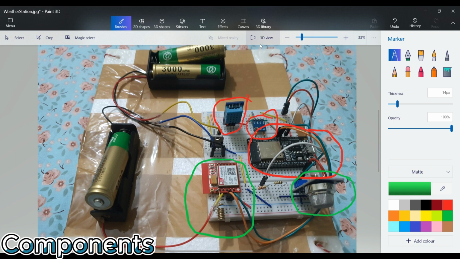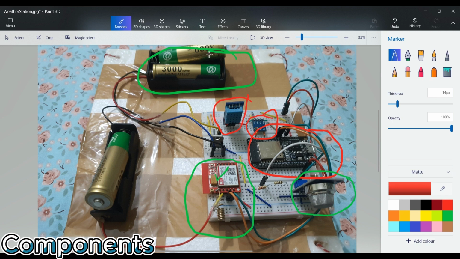So now let's talk about the power supply unit. I have used this pair of 3.7 volt lithium ion batteries to supply all these components except the SIM800L GSM module. This pair of batteries generates around 8 volts, but all these components are 5 volt tolerant.